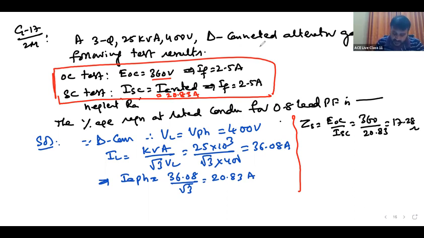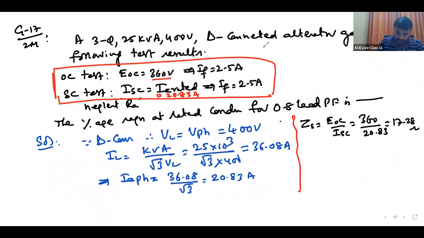If any doubts are there, you can please chat. The hand raise option is not showing, I don't know what happened. Okay, hand raising. Yes, it is there now. Anyone? Yes, I am unmuting. If you want, you can ask your doubts.